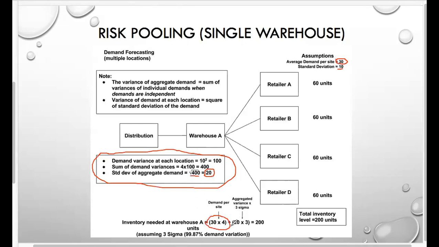So the variance goes from 10 across all these sites to 20 aggregated here. So warehouse A has to basically absorb 20 units worth of variation across all 4 retailers. And we multiply that by 3 sigma, which is our management mandated level of demand variation, which when we take all this, gives us 200 units.